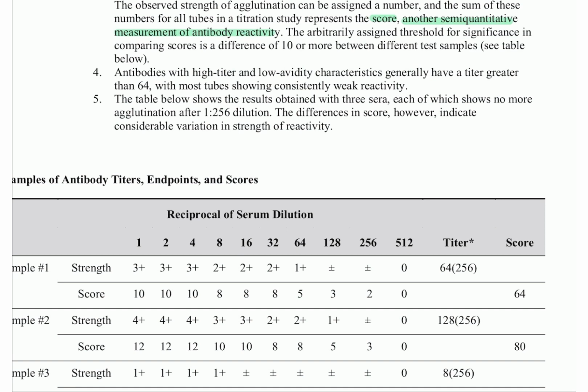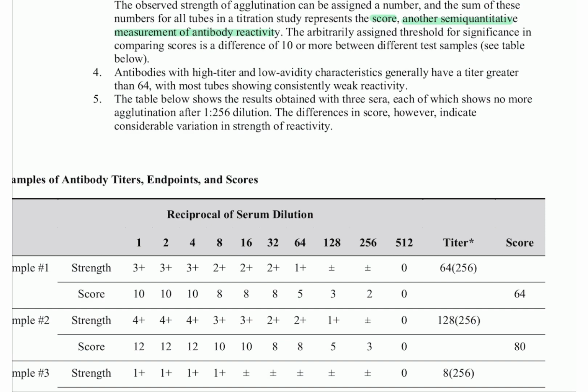The scoring method is a little difficult to learn, and I wouldn't spend a lot of time learning about it. The arbitrarily assigned threshold for significance in comparing scores is a difference of 10 or more between different samples.